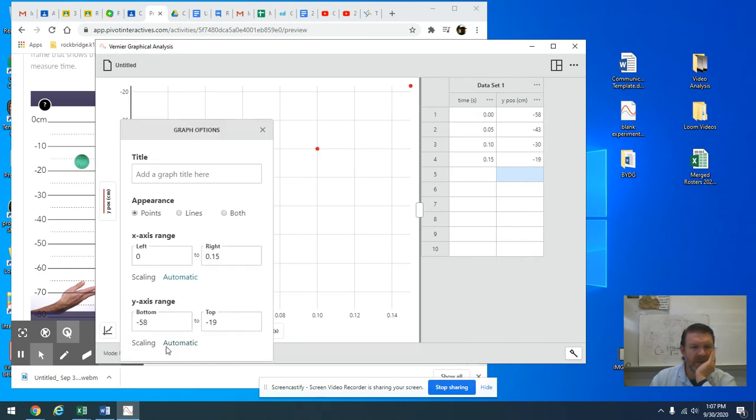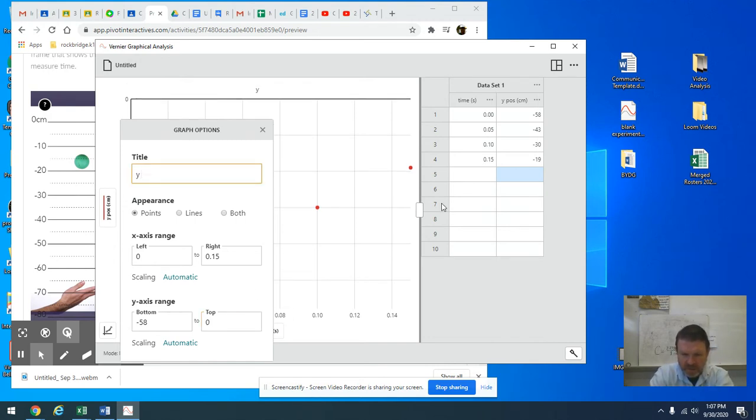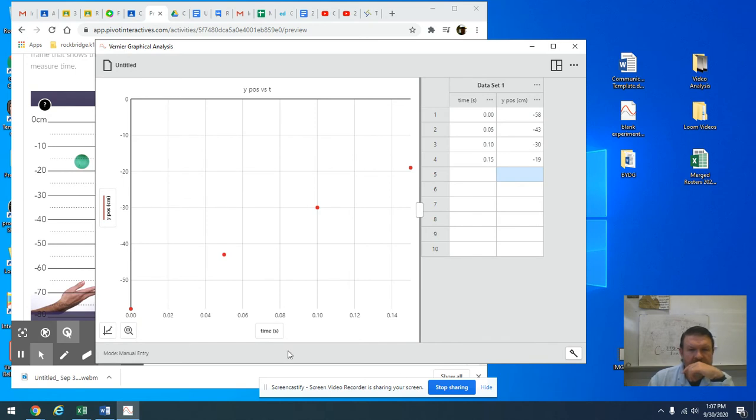So I'm going to go into my edit graph options. And in this case, the top of this needs to be 0. The bottom of this is 0. Well, that looks good. I might as well add a title while I'm here. This is Y position versus time. Okay, so there's the beginning of my position time graph.